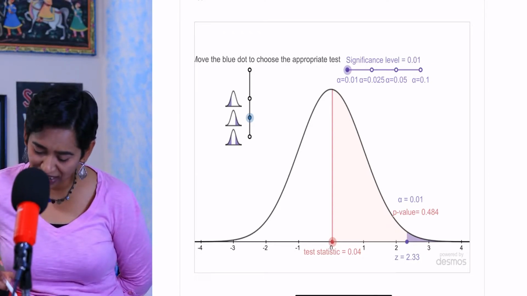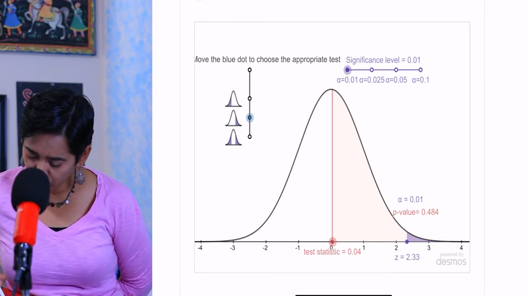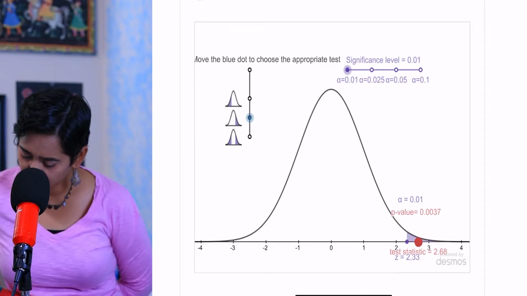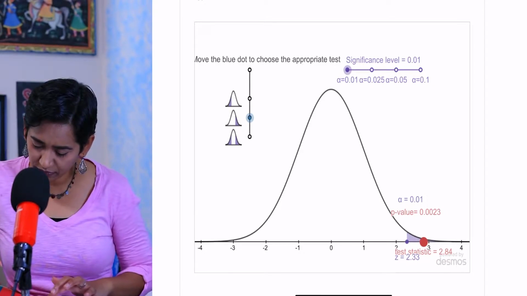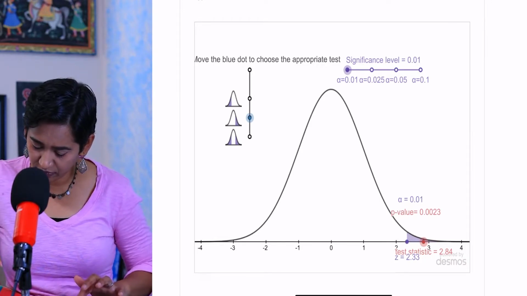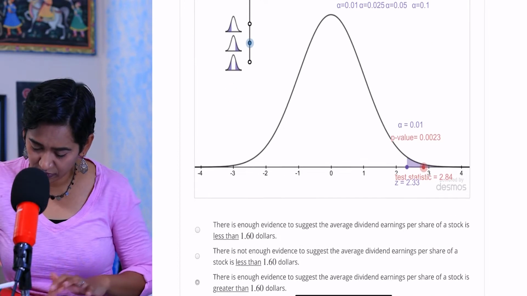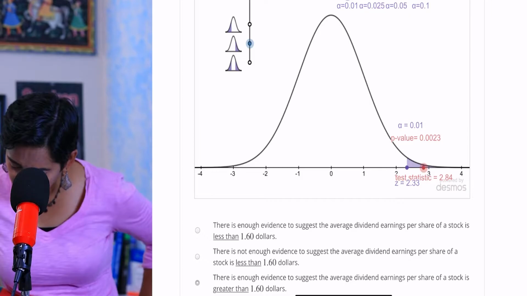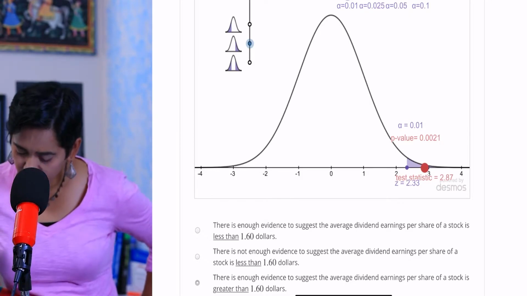So let me go ahead and move my test statistic. Moving all the way to the right, and you can see the test statistic value is moving up. 2.85. I'm going to move it further. There I have it.